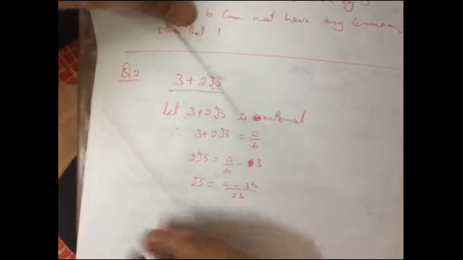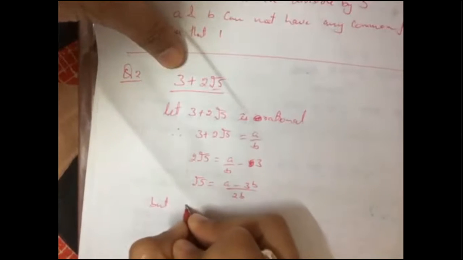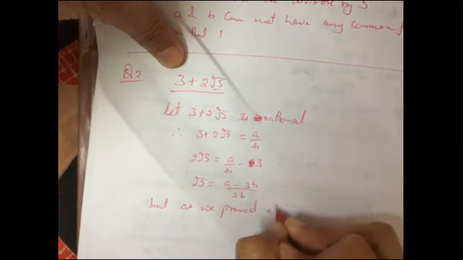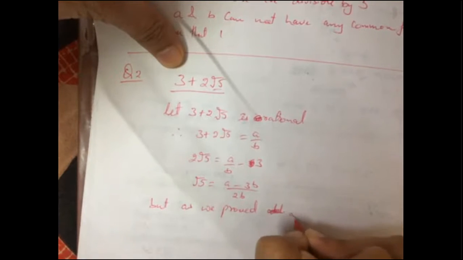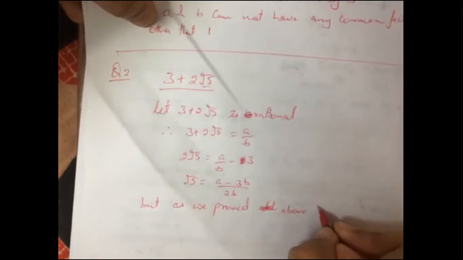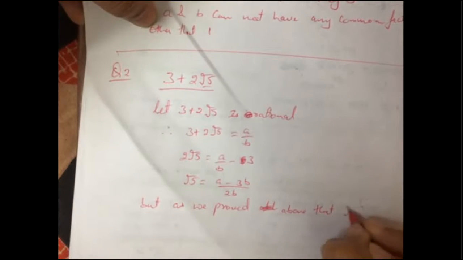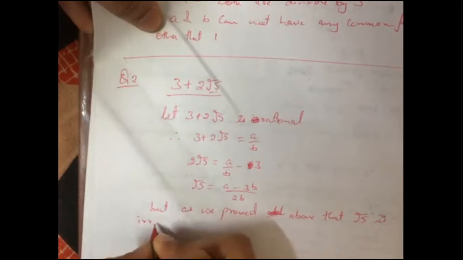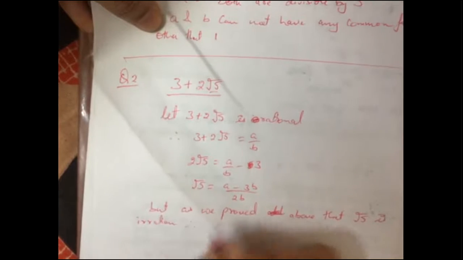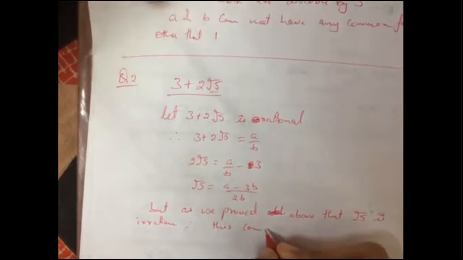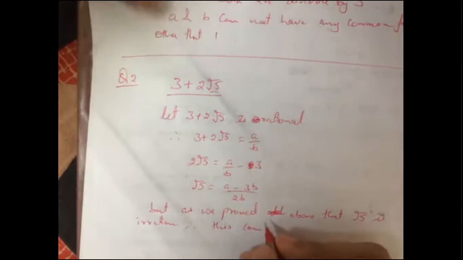But as we proved above, root 5 is irrational. Therefore, this contradicts our statement.